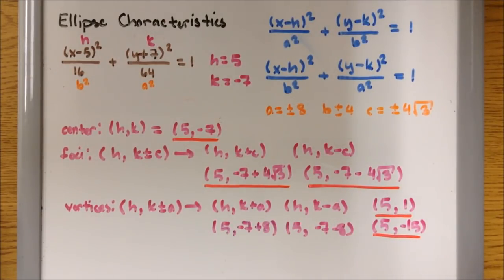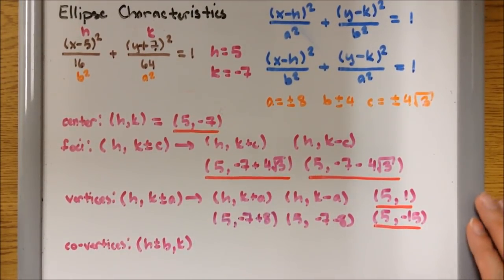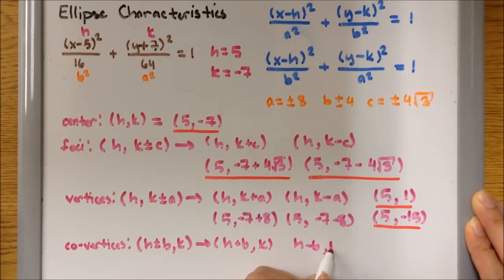Alright, now our co-vertices. That one will be h plus and minus b, comma, k. So our 2 points will be h plus b, comma, k, and then h minus b, comma, k.